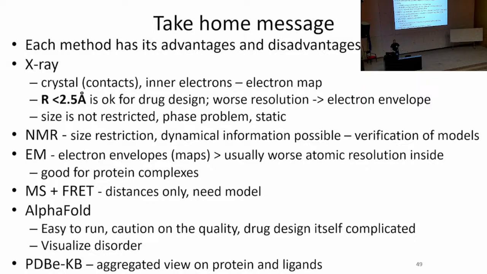And AlphaFold is these days easy to run. There are multiple places where you can run it: ColabFold, the AlphaFold Server from Google DeepMind itself, or you can use the installation at MetaCentrum, at Foldify, or you can install it on your own computer because it's open.